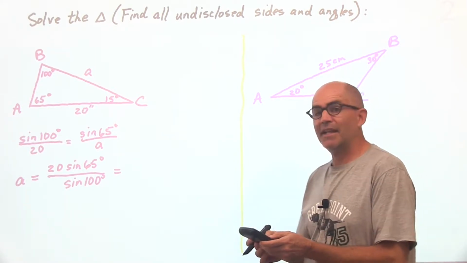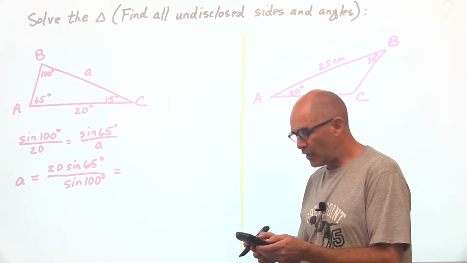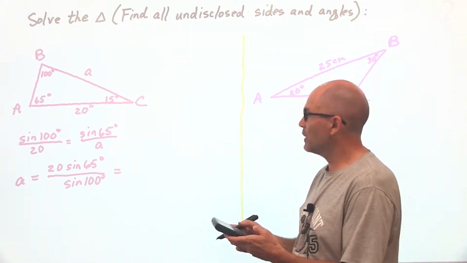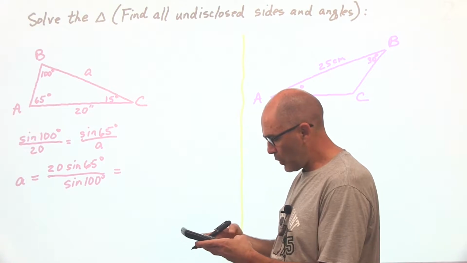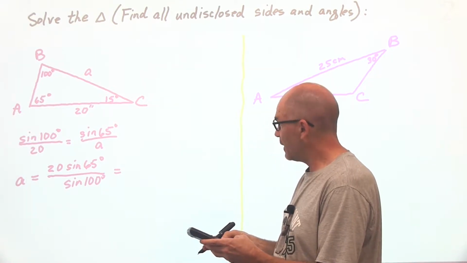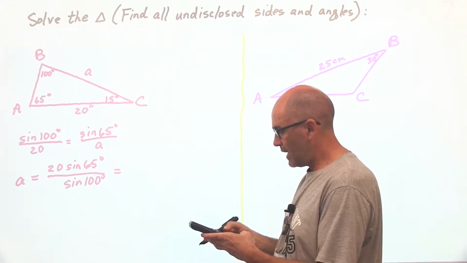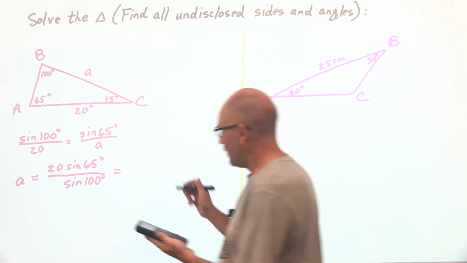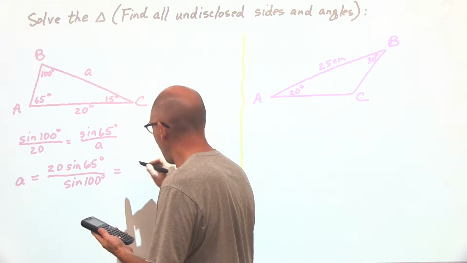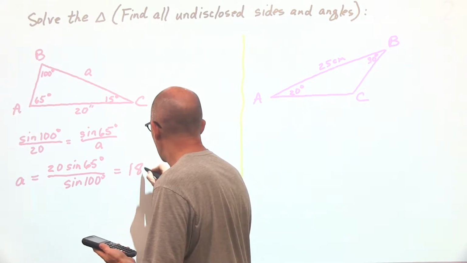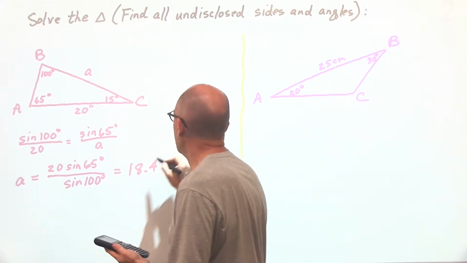Now remember, it's degrees, so you need to go to the mode and make sure you're in degrees. So I'm going to go 20, enter, 65 sine times 100 sine divide. And that equals 18.4 inches.